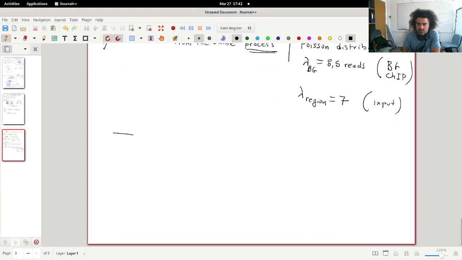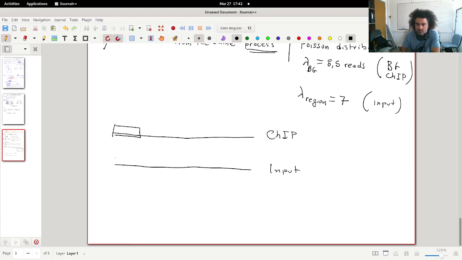So if this is again the ChIP, and this is the input, and here we study this window, and here the same window, 500 base pairs, and here we have 500 base pairs again. Then we take the middle of this window, and around it we take a region of 1000 base pairs.